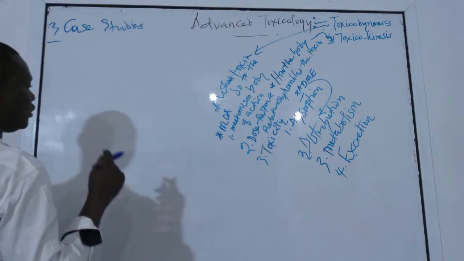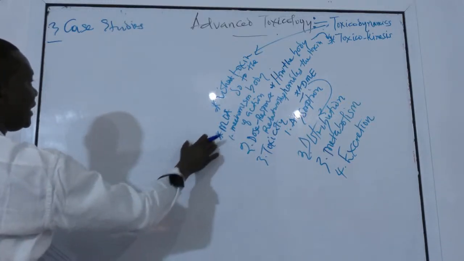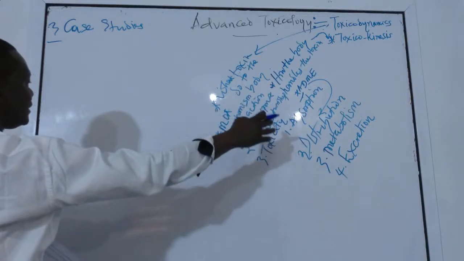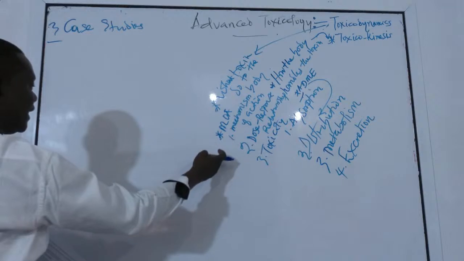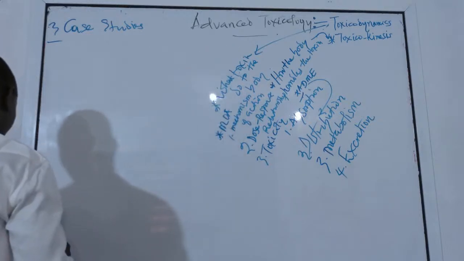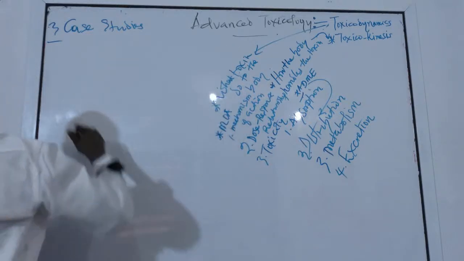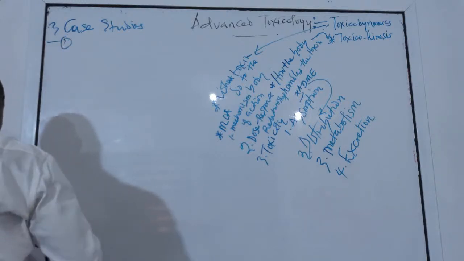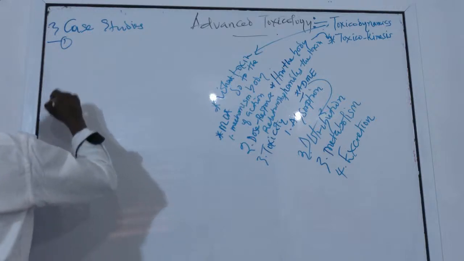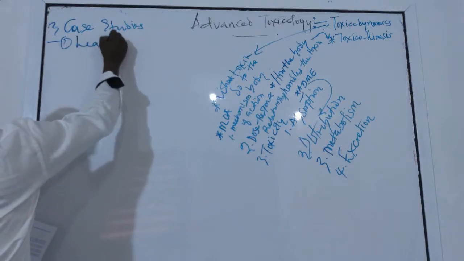So, in each of these case studies we will consider the toxicokinetics, that is the kinetic effects, as well as the toxicodynamics. The first one we are going to look at under that case study is lead poisoning.